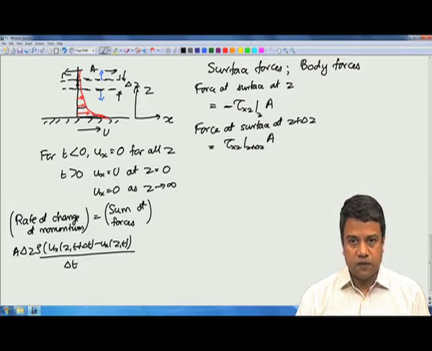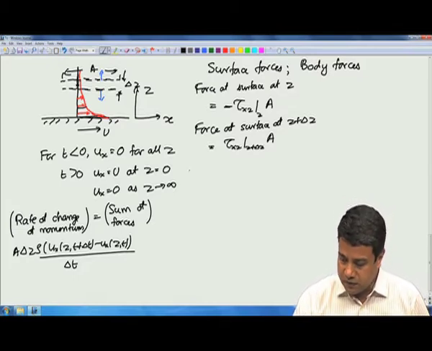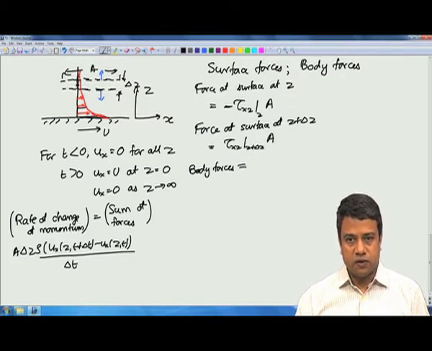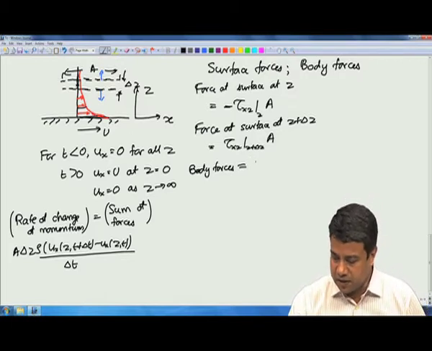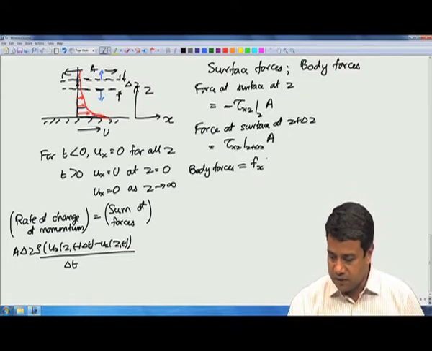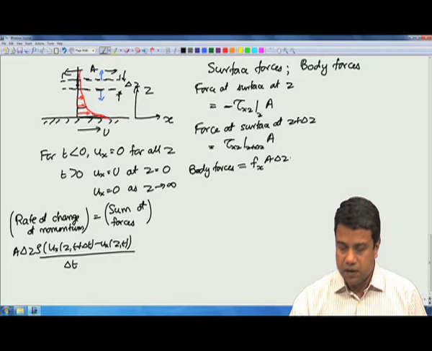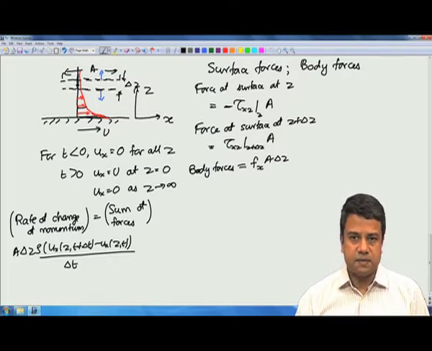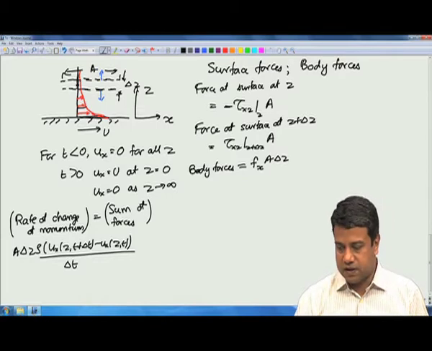You do have body forces also. Those body forces will basically be proportional to the volume. So, they can be written as a force density in the x direction times the volume. That is the general expression for the body forces.